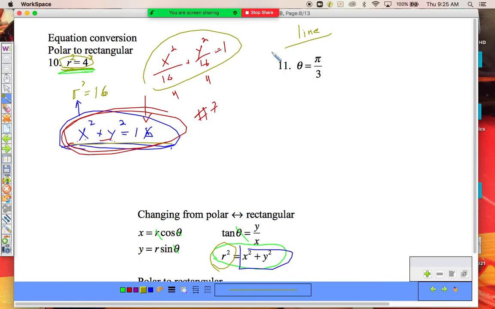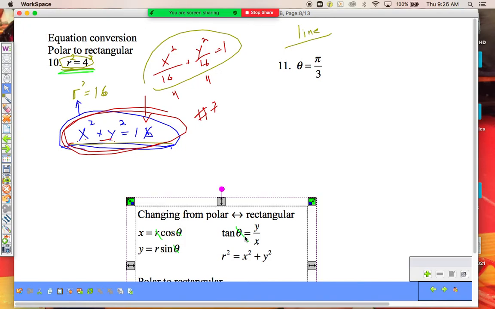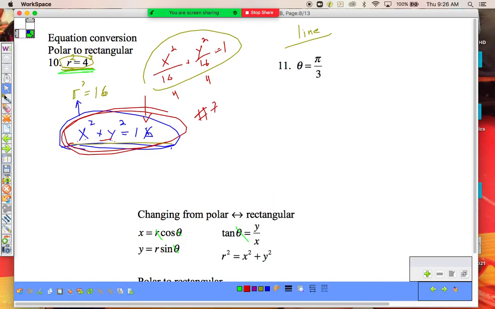Going down here, looking at my equations, since all I have is a theta, I'm going to use my tangent.